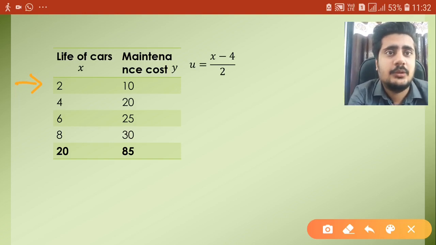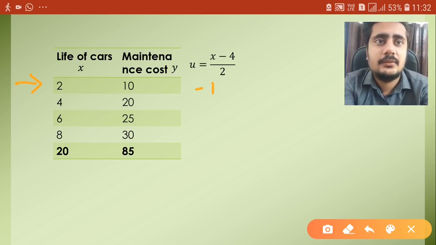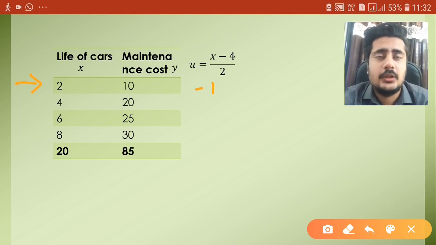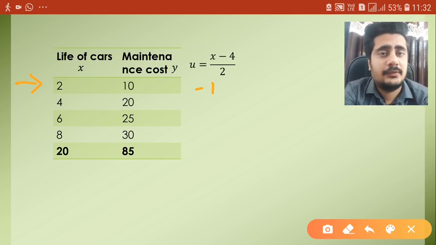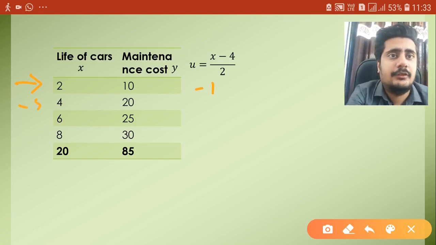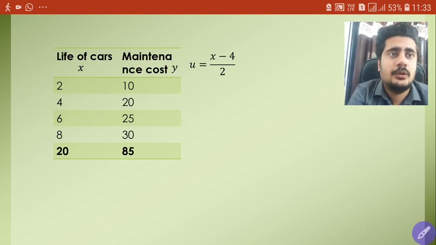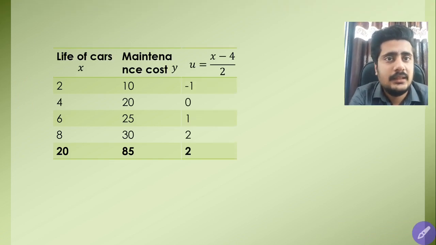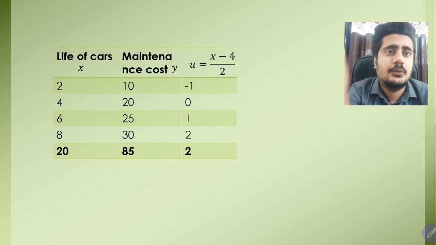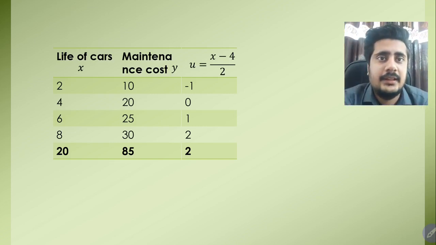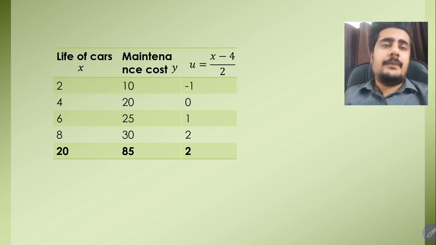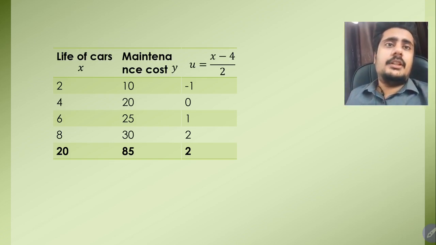Then minus 2 upon 2 should be minus 1. When x is 4, 4 minus 4 is 0, 0 upon 2 is 0. When x is 6, it's 6 minus 4, 2, 2 upon 2, 1. When x is 8, 8 minus 4, 4, 4 upon 2, 2. So this way we have found the u.